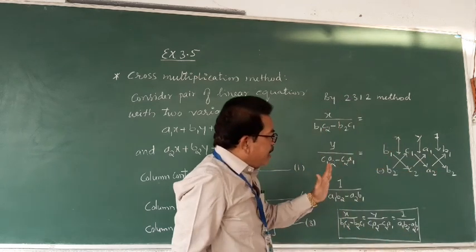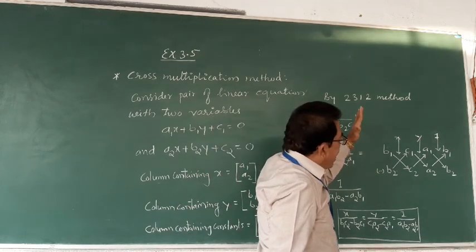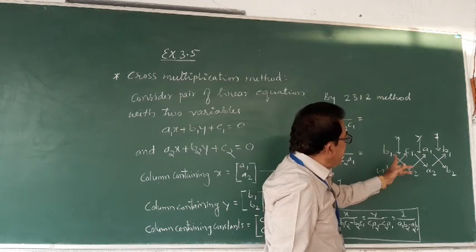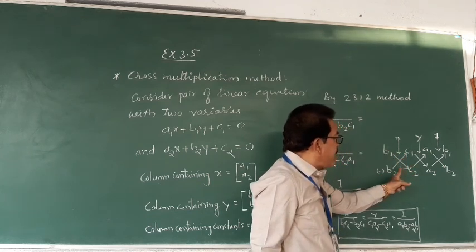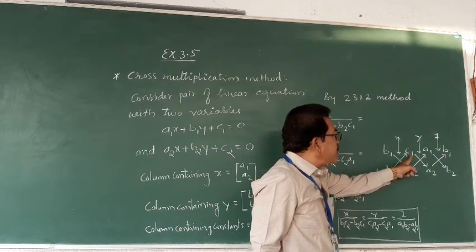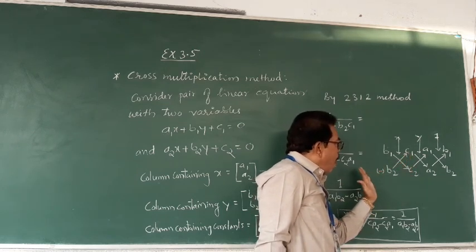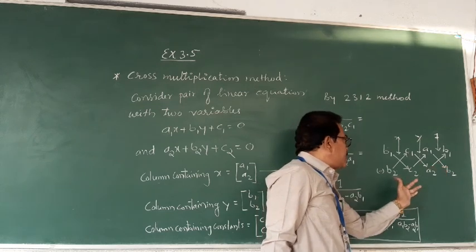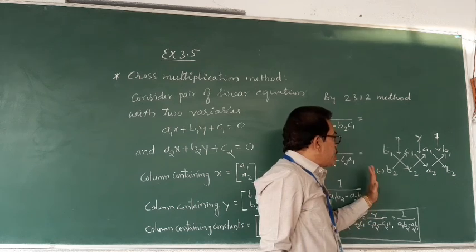Then mark from upside left to right, that is b1 c2 with this type of arrow mark and b2 c1 with this mark. All these arrow products carry a minus sign.